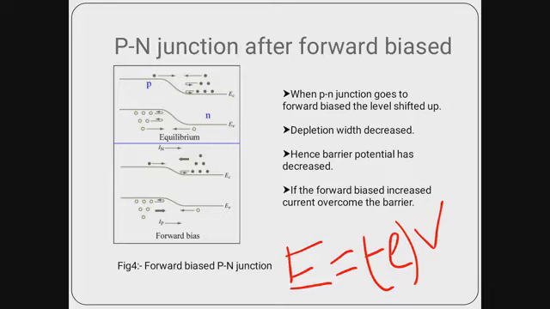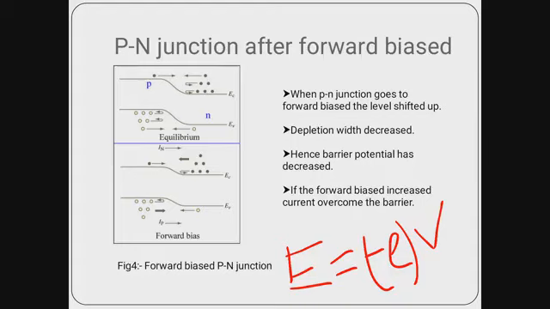So what happens if this portion is shifted up? After forward biasing, a large number of holes and electrons are pushed to the junction, and they recombine inside the junction, and a current flows, which is called the forward current.